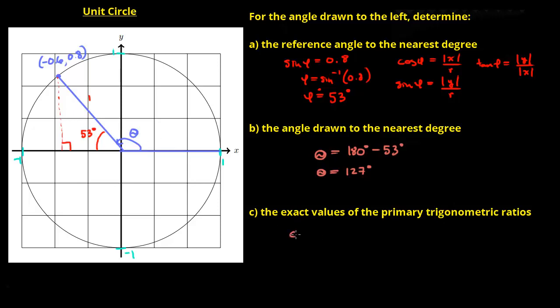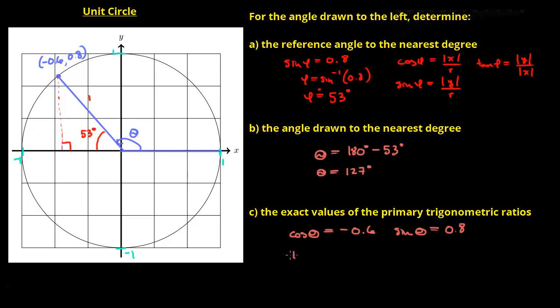The cosine of theta is defined to be the x value divided by the radius of the circle centered about the origin. The radius of the unit circle is just 1. So the cosine of theta is just equivalent to the x value, which is negative 0.6. The sine of theta is just the y value because the radius is 1, so the sine of theta is just 0.8.